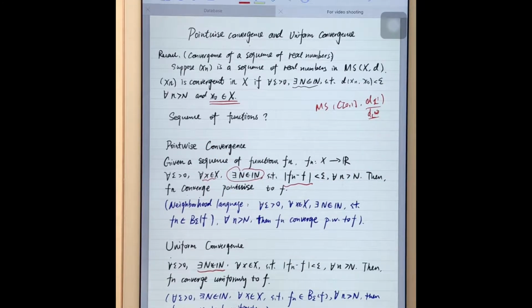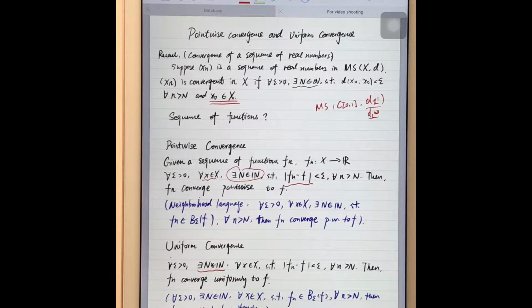So you first fix an x in the domain of the sequence of functions, and for that x you fix, you can find a natural number. And if you can find such a number, then the sequence must be pointwise convergent.